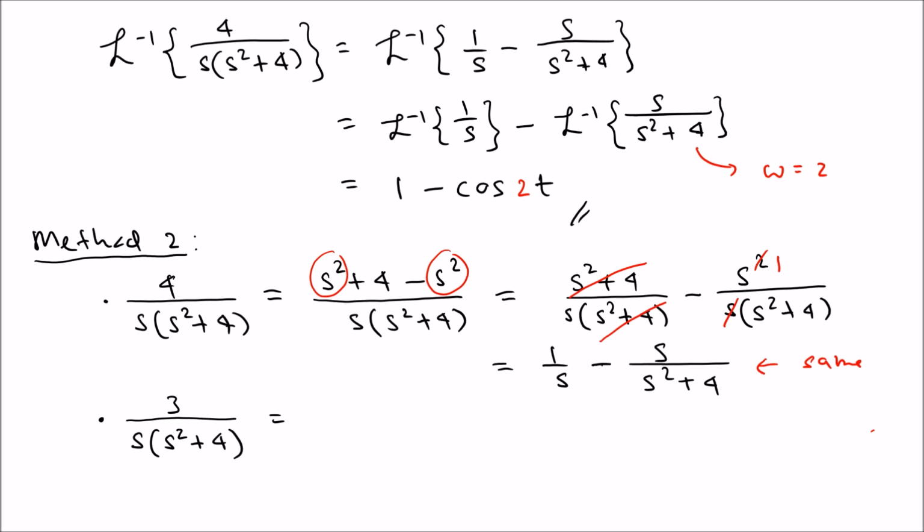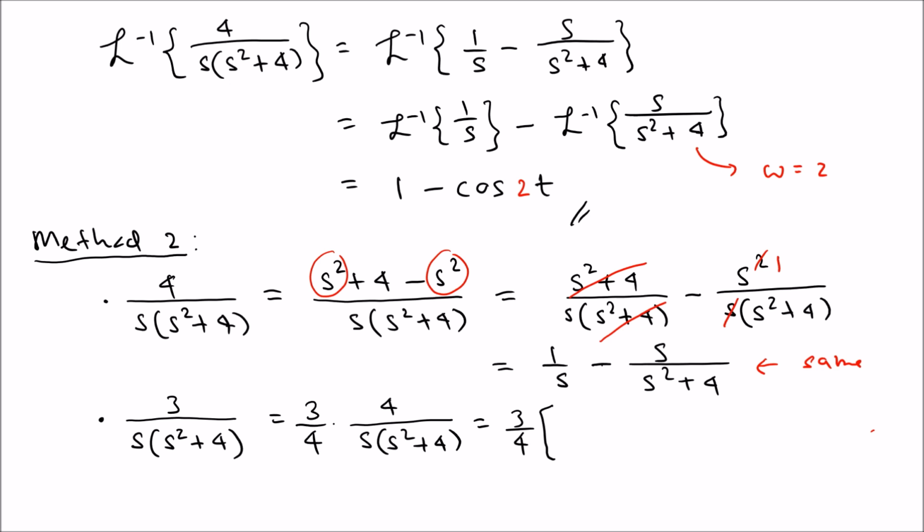So what we can do is write this first by pulling the 3 out: 3 over 4 times 4 over s squared plus 4, and we can do the same thing that we did before. So it is just 3/4, and inside we do the same trick.